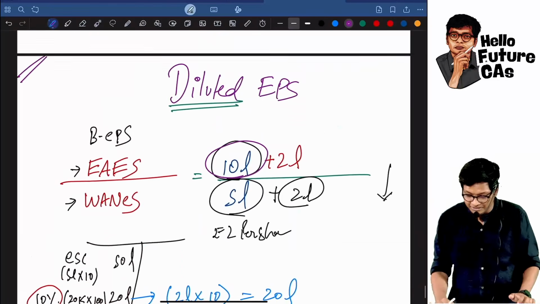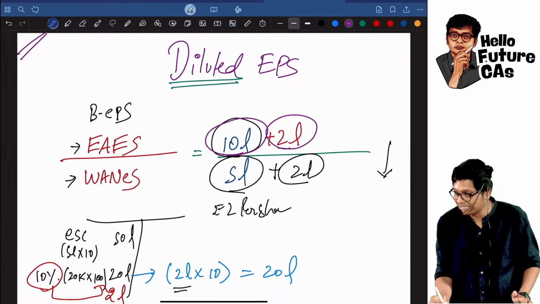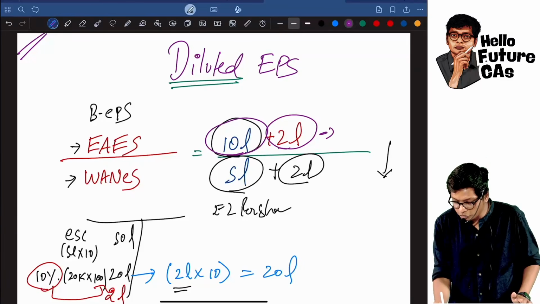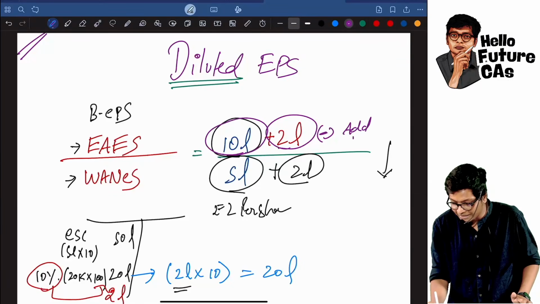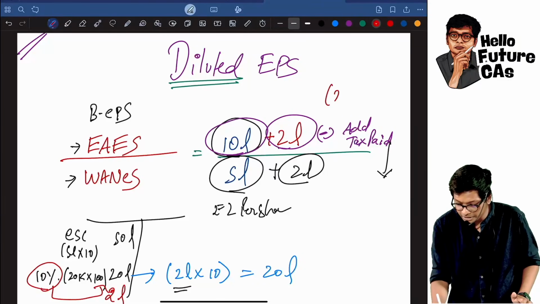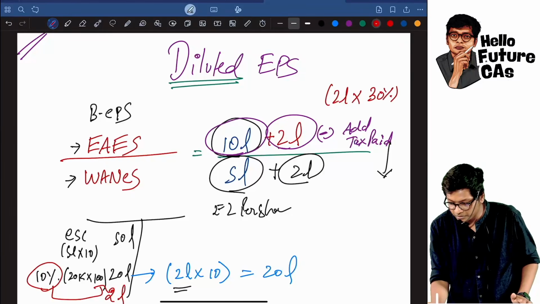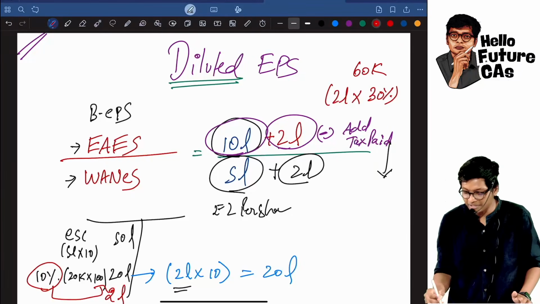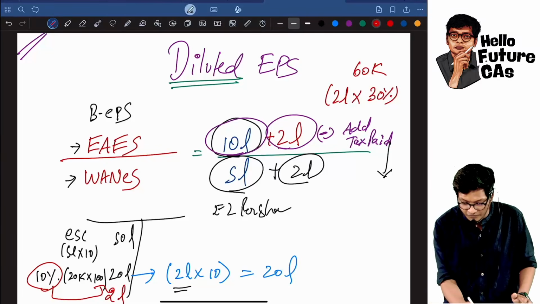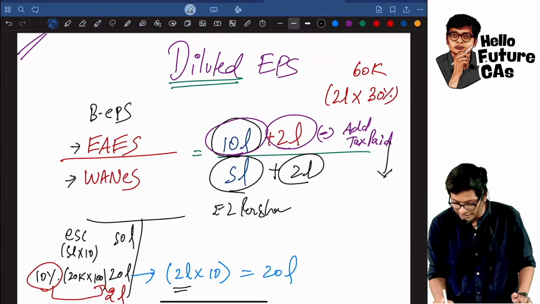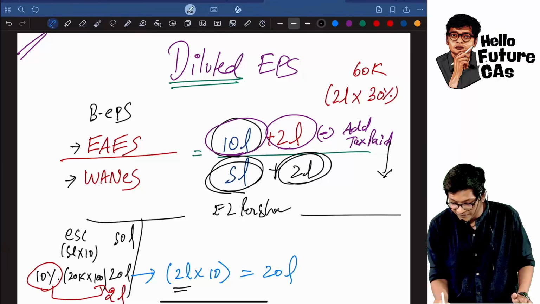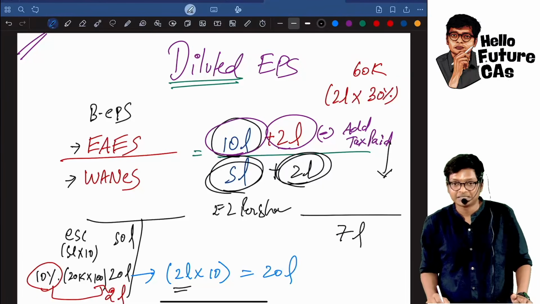Therefore, look at this. Here I will add 2 lakhs as interest saved, but I will also minus the additional tax paid, which is nothing but 2 lakhs into 30%, which is 60,000, I will reduce. So effectively, my revised denominator will be 5 lakhs plus 2 lakhs, 7 lakhs.